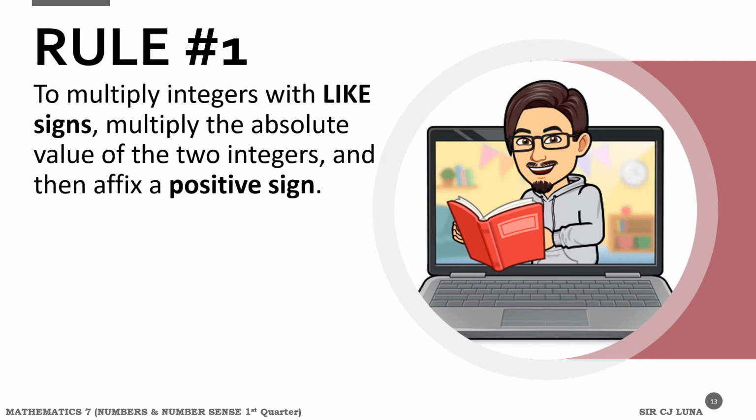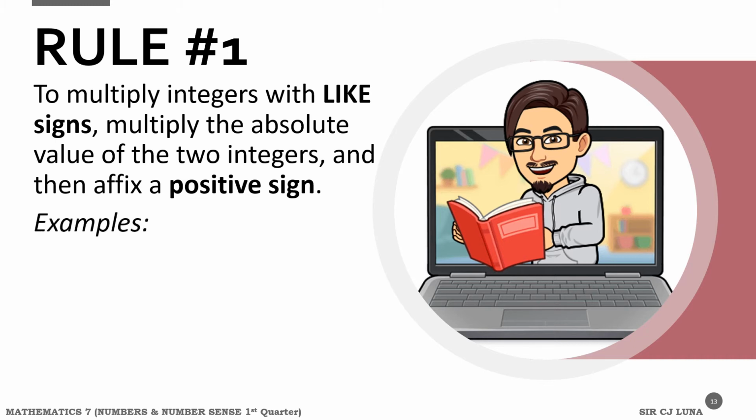Parehong positive, parehong negative. Okay? Ano yung kanilang product? Lagi siyang positive. Okay? Positive times positive is equal to positive. Negative times negative is equal to positive pa rin. Okay po? Basta kapag pareho ng sign, always affix a positive sign.